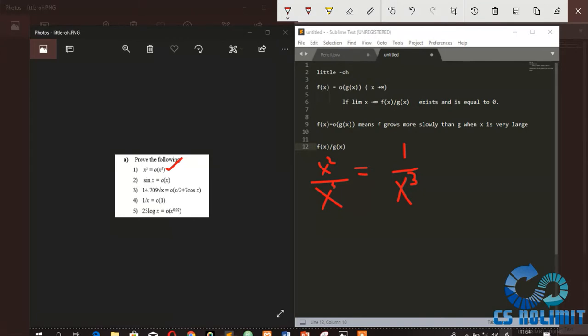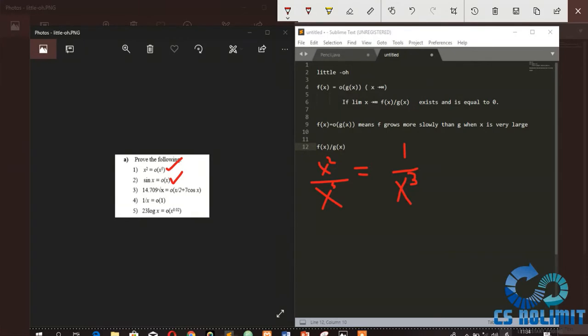So you've seen that our x is very big, but still sine of x, which is f of x, gives us a very small value, which is 1, and g of x is 90. So it is very clear that f of x increases more slowly than g of x. So this holds true.